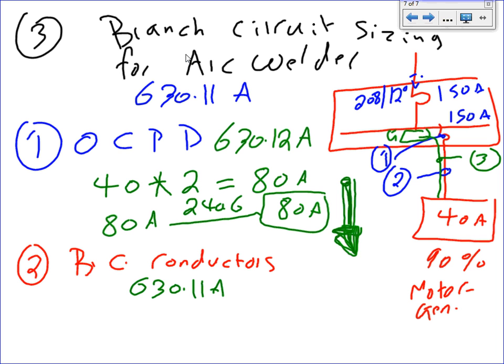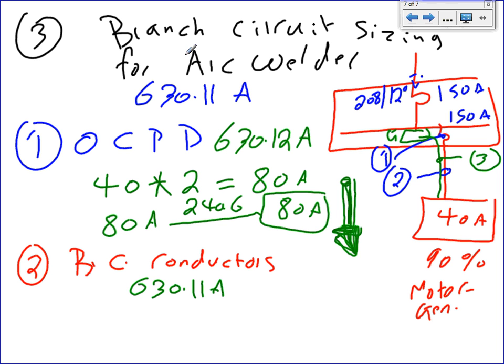If you review it for an individual welder, it tells you to apply the table to it. Why isn't it 630.12(B)? 630.12(B) is for a group of welders. 630.12 is the overcurrent protection device.